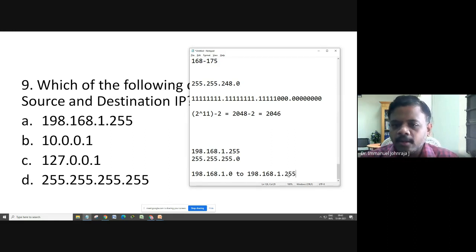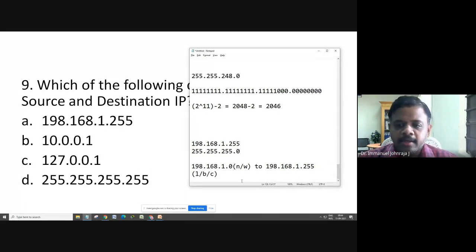Look at this number, 198.168.1.255. What is this problem? Do you remember? This is a broadcast address, and this is a network address. Generally, this is called a limited broadcast address.